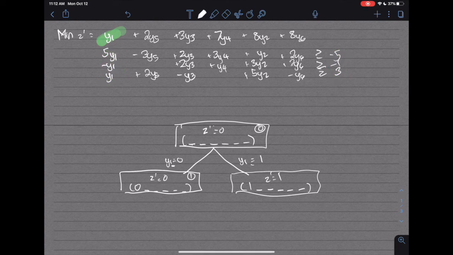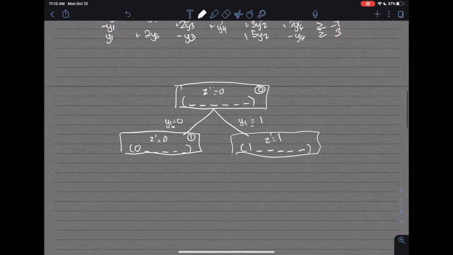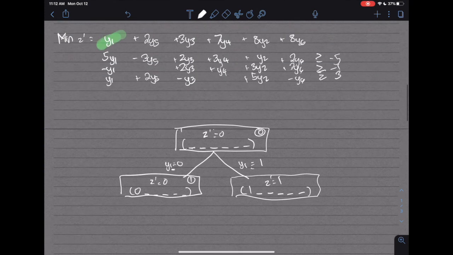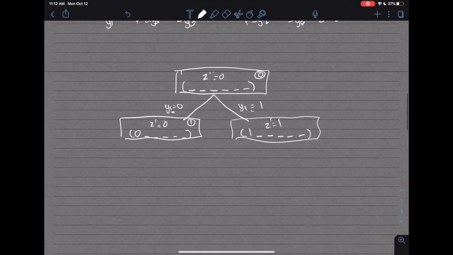Since we have not fathomed or stopped any branches from growing, we continue to branch out on our nodes. We now branch out on the next variable y5, and we branch it out on both nodes. So we will have a branch wherein y5 is equal to 0 and y5 is equal to 1.